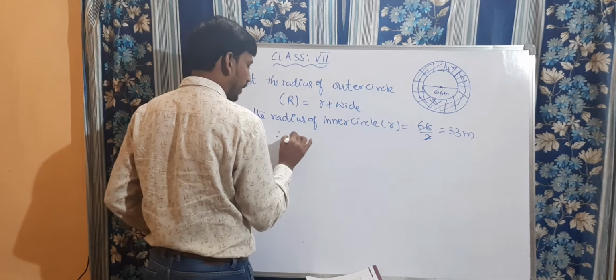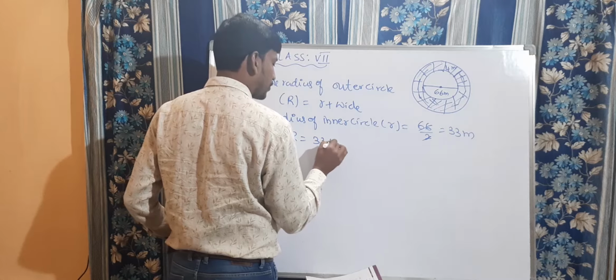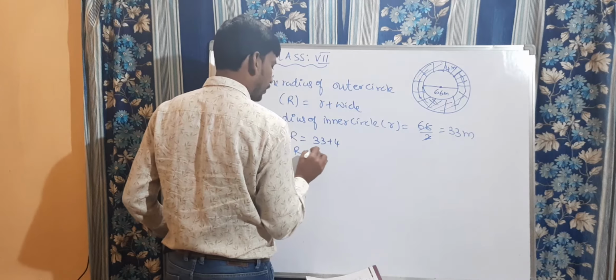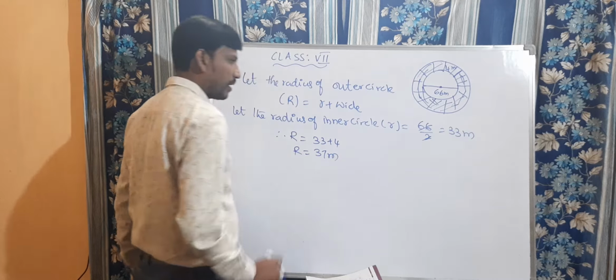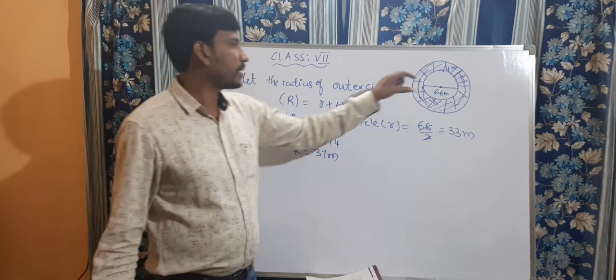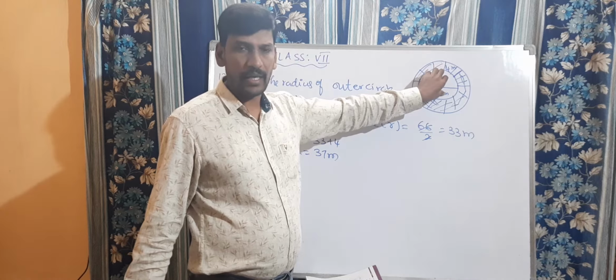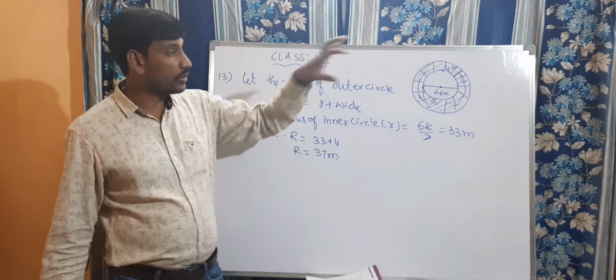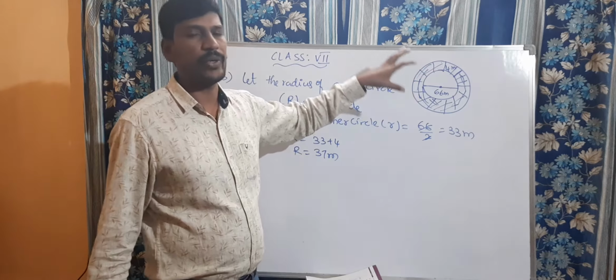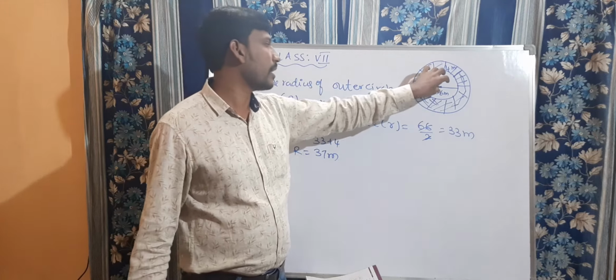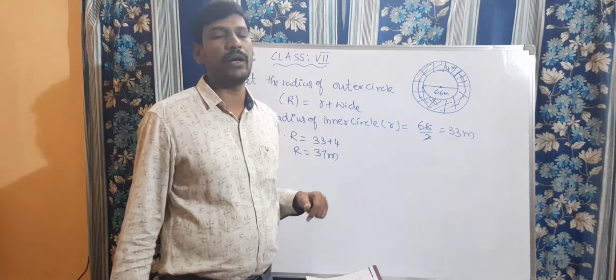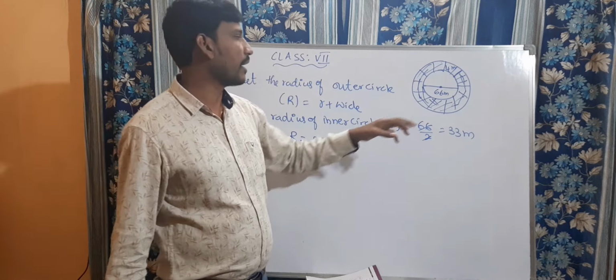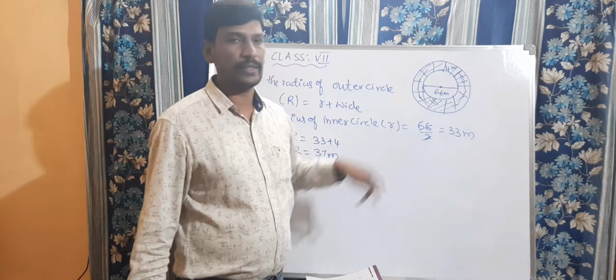Therefore capital R is equal to 33 plus 4, which is equal to 37 meters. Now we have the radius of the inner circle and the radius of the outer circle. We need to find both areas, and subtract the area of the inner circle from the area of the outer circle. It will give the area of the path.